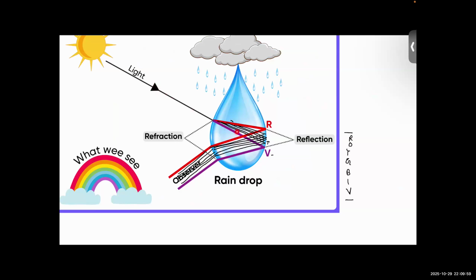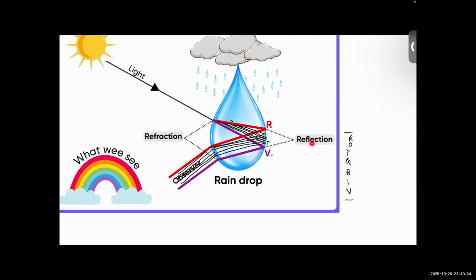Sunlight is refracted as it passes into the water droplet. Then it is dispersed into different colors, into violet, indigo, blue, green, yellow, orange, and red. It is split into its component colors as it enters the droplet. Then further it is reflected off the back of the droplet.